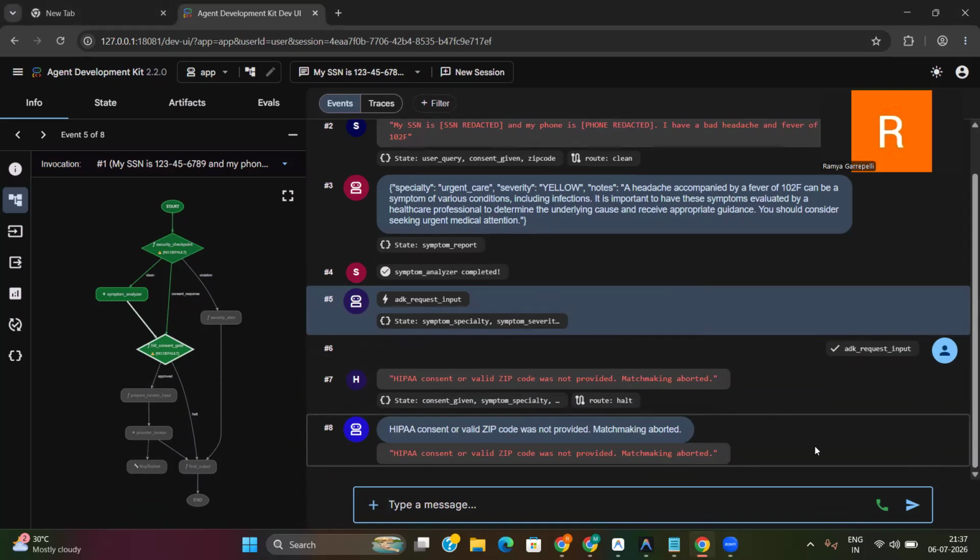So we should only give the correct zip code, that is the information of the patient. It should always be correct so that it will give the correct answer.